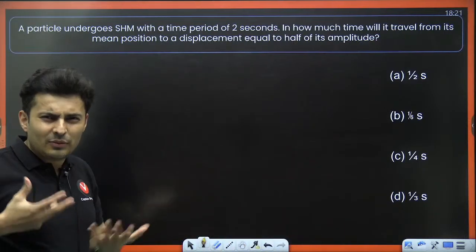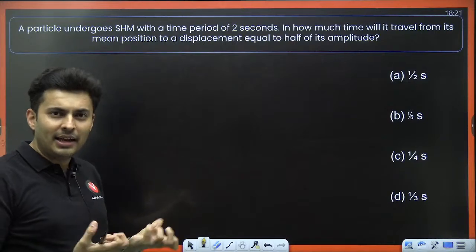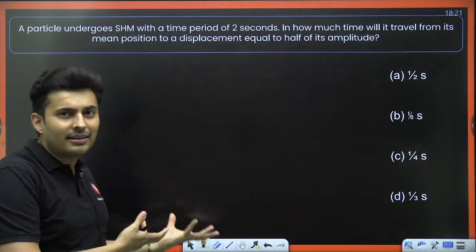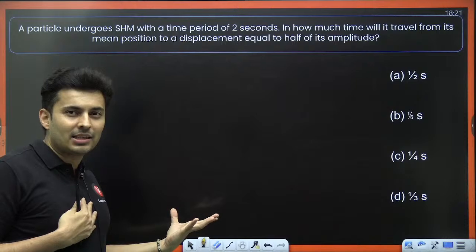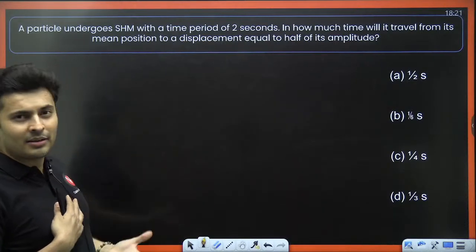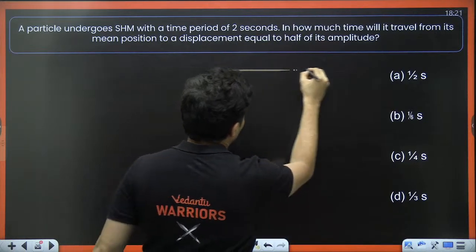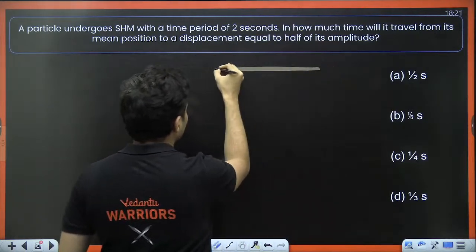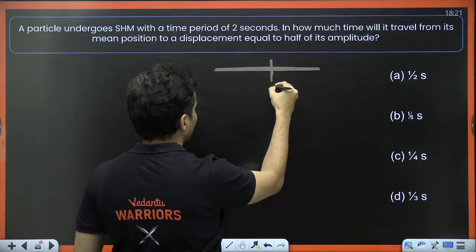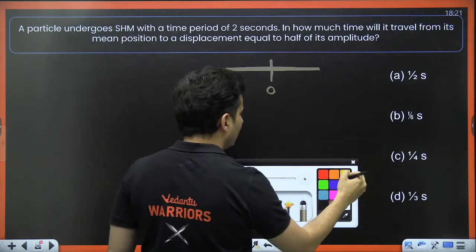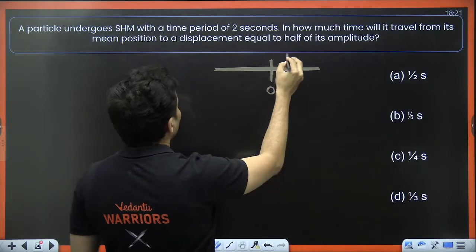Let's visualize it for some time so that we get a feel, and maybe I might not need the diagram. It's just for satisfaction's sake we'll draw it, and then we can use the equations. Well, we all know that SHM will go back and forth like this. There will be a mean position which is 0, and there will be extreme also.